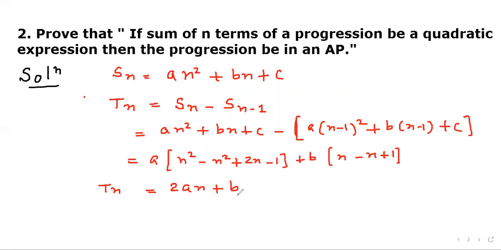And we know that if the nth term of a progression is a linear expression, then the progression will be in AP. So if the sum of n terms of a progression is a quadratic expression, then the progression is in AP. Here we have considered the sum as a quadratic expression, and we have found the nth term as a linear expression, hence the result.